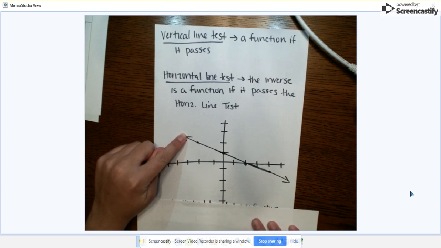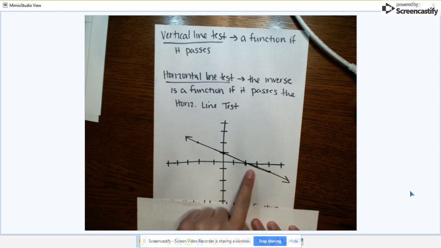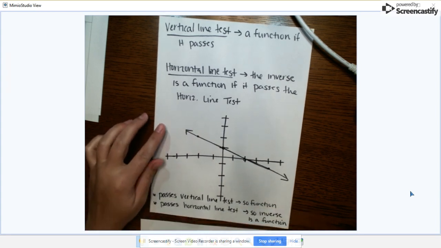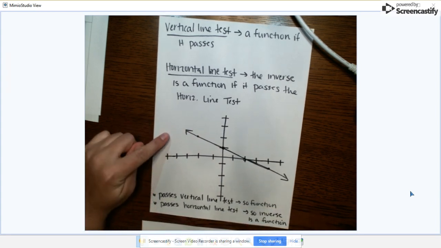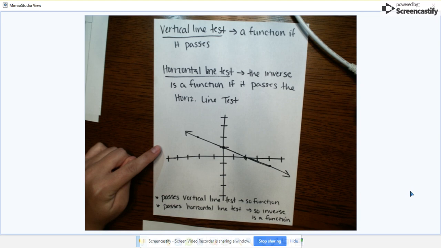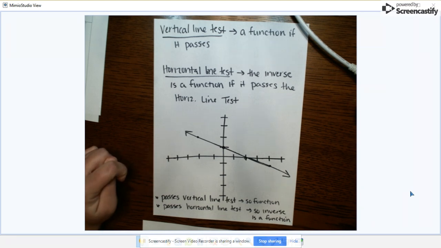So for that question, I use a horizontal line test. So when I draw horizontal lines across this graph, would it pass? And it would. So we know that our original graph right here, this relation is a function because it passes a vertical line test. And our inverse is a function as well because it passes the horizontal line test.